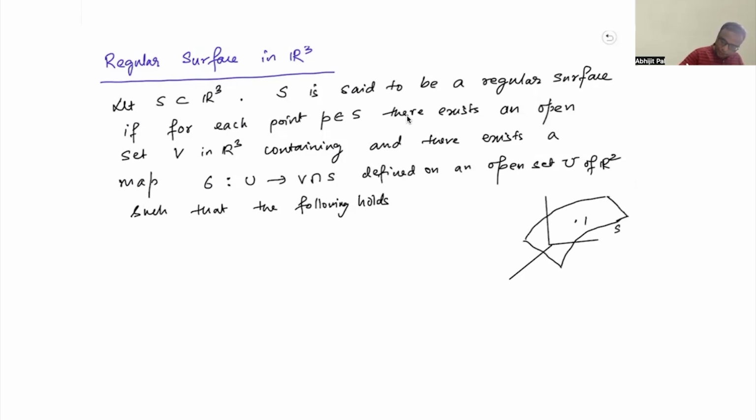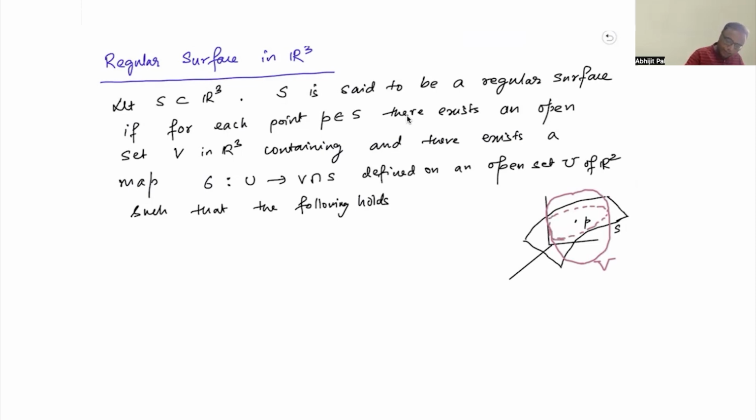So this is my S and P. And now suppose there exists an open neighborhood B of this P.